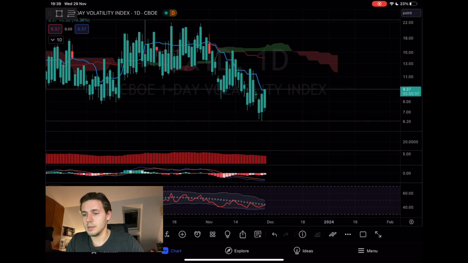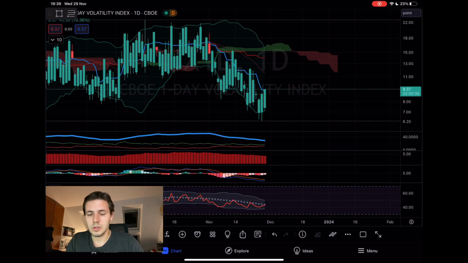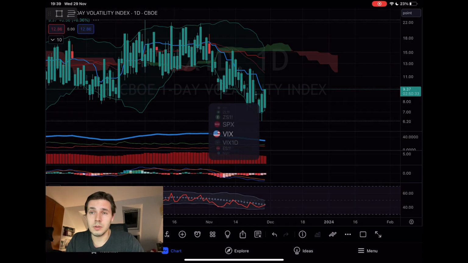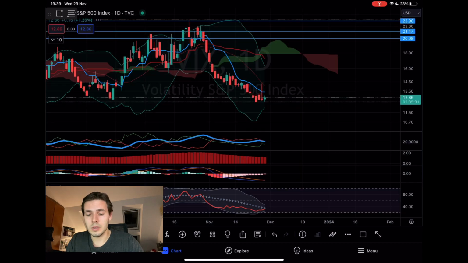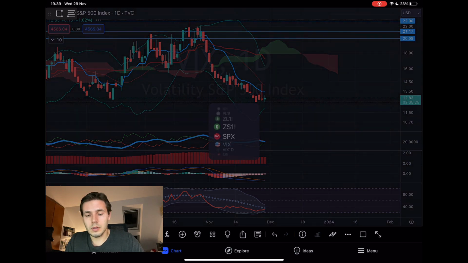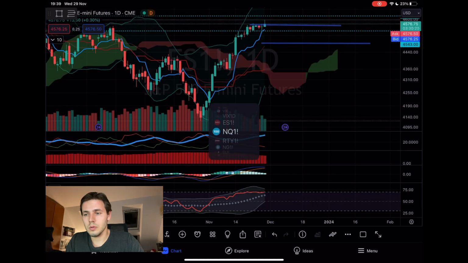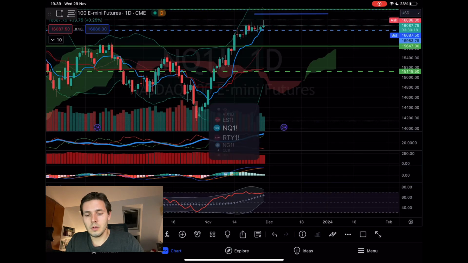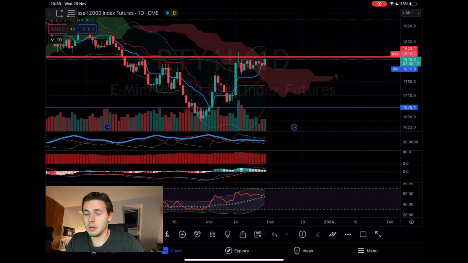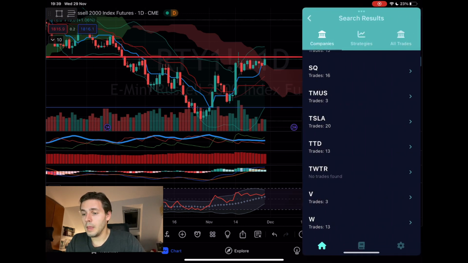VIX 1 day, well, slightly going up, but it's the 1 day VIX for options that expire in a day, so not really important. Same for futures. I think only Russell did something. No, even Russell just stays at the same place. No new highs, no new lows, nothing.